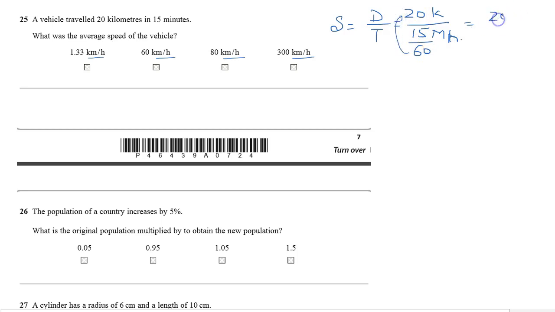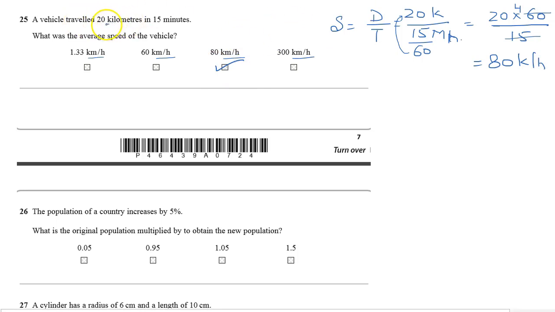So it will become 20 multiplied by 60 divided by 15. We know that 15 times 4 is 60. So that is 80 km per hour.